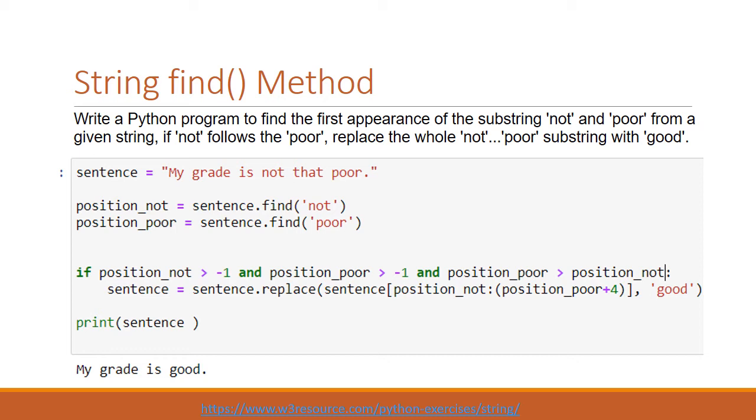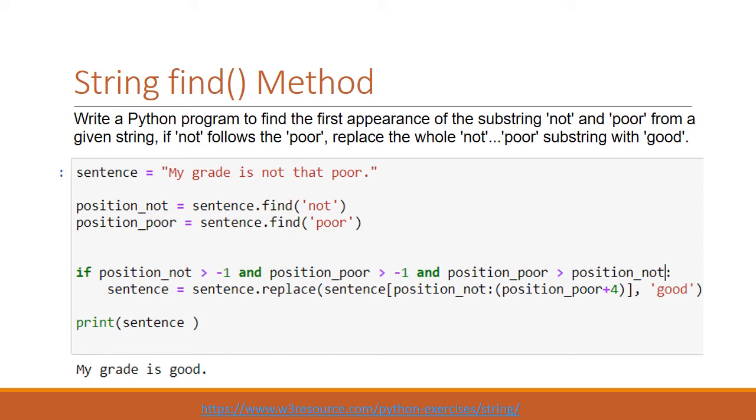Next, we use the find method to search for the substring not within the sentence and return the position of not if it appeared. And in our example, position not is assigned the value 13. Next, we use the find method again and we look for poor within the sentence. And again, in our example, the find method returns the value 22 and assigns it to the variable position poor.